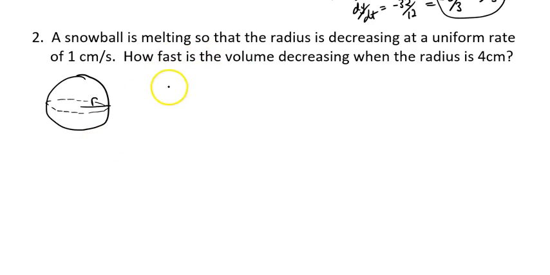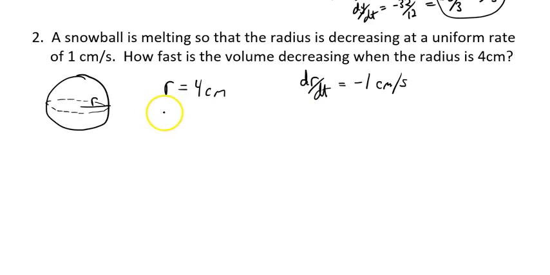So what do we know? We know that the radius is 4 centimeters, and it's decreasing at a uniform rate. So that would be dr dt, the change in the radius. And because it's decreasing, I'm going to say negative 1 centimeters per second.